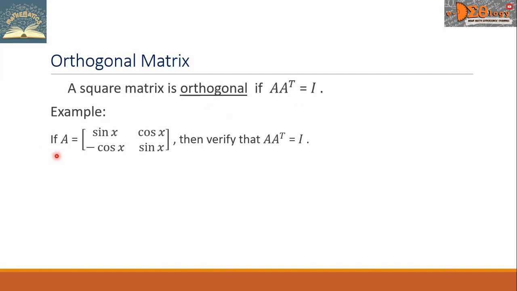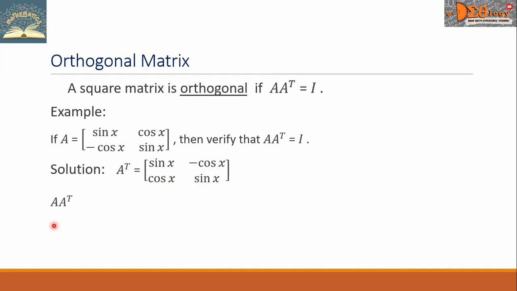Example, if matrix A has the elements sin x, cosine x, negative cosine x, sin x respectively, then verify that A times A transpose is equal to capital I. For our solution, first we will write the A transpose. The elements now are sin x, negative cosine x, cosine x, sin x respectively.